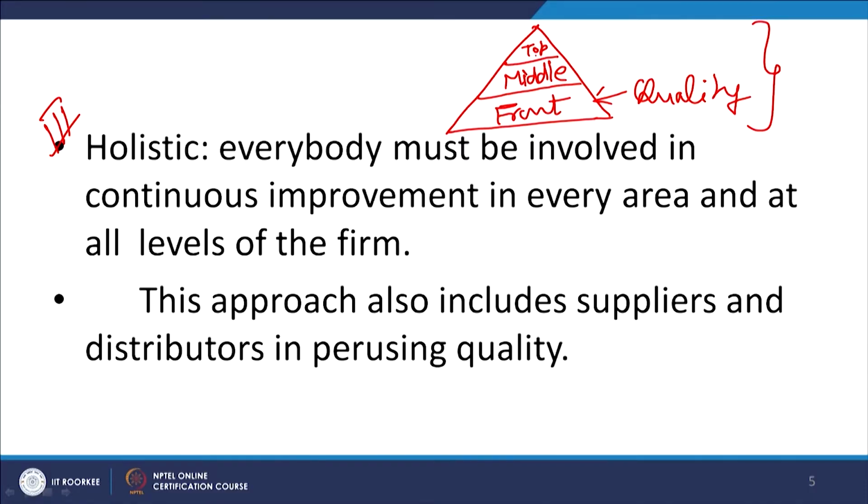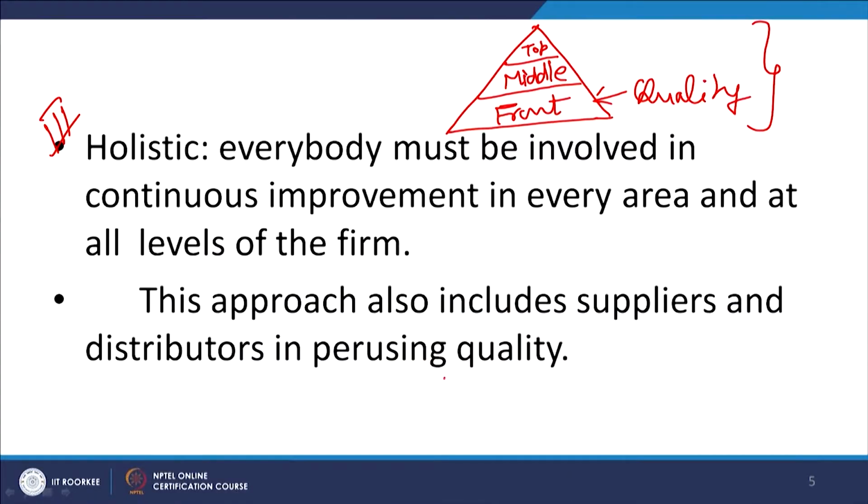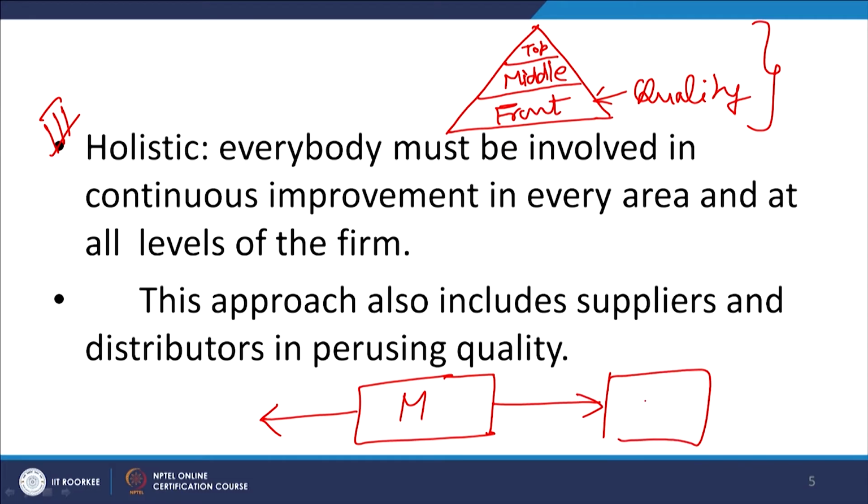When I say the holistic approach, I am saying it is not only top, not only front, but top, middle and front, all the people in the organization are responsible for producing quality products. So, that is about holisticness. And if I further extend this idea, it is not only within your organization, but nowadays we have extended the idea of holisticness of quality to the customer side.